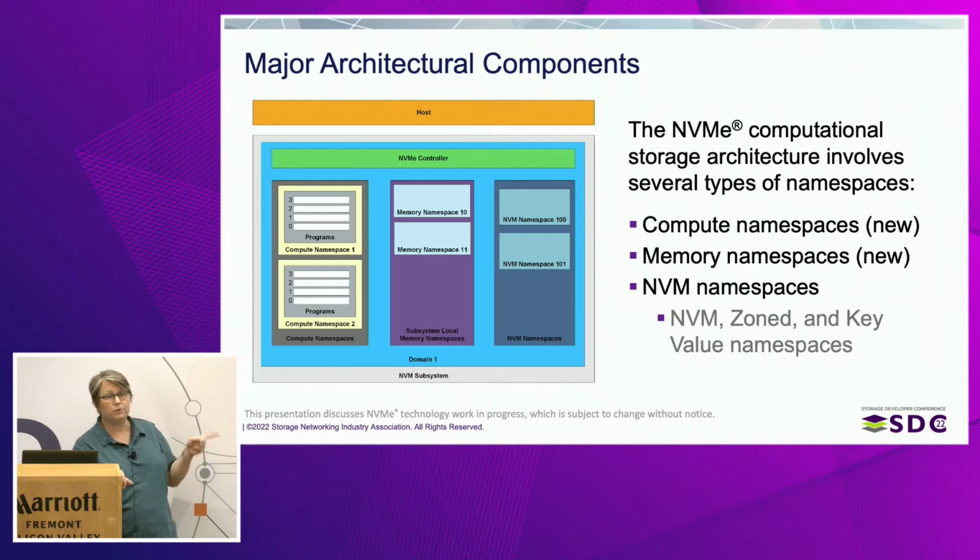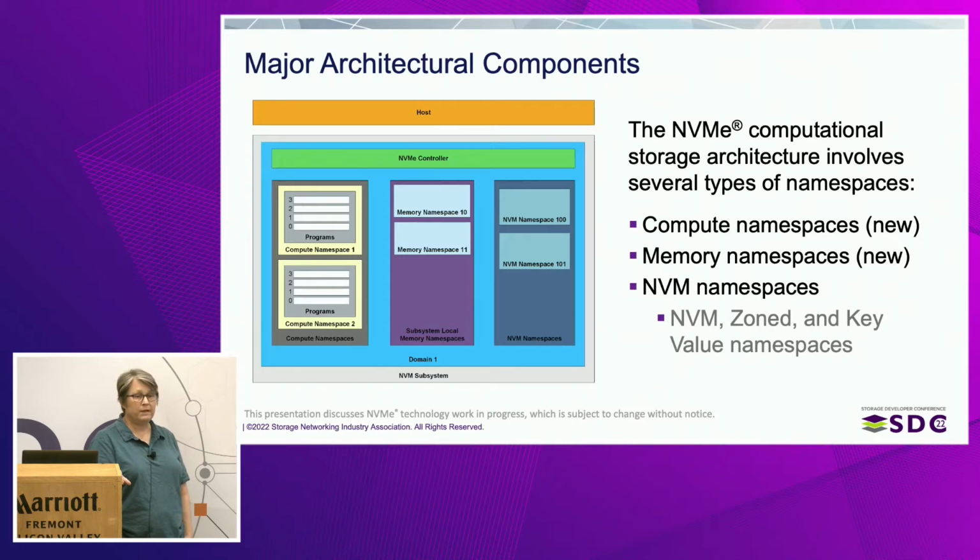One is compute namespaces. A compute namespace provides some computational functionality and can execute programs. The programs it can execute could be device defined, or they could be downloadable, and that would be discoverable at startup time. The other thing being introduced is the concept of memory namespaces, and that's the middle column.